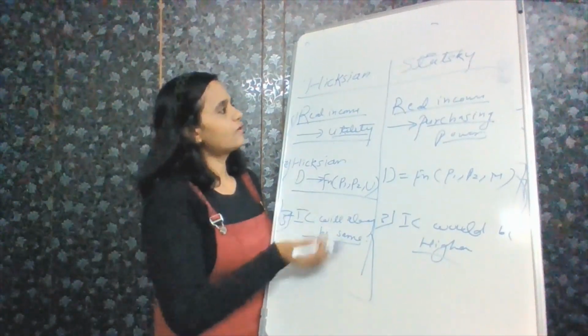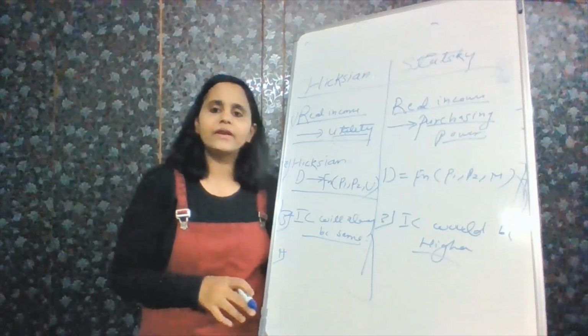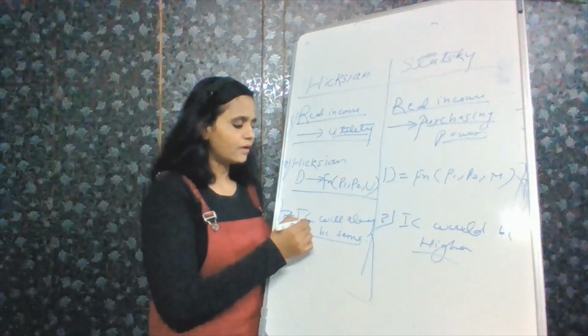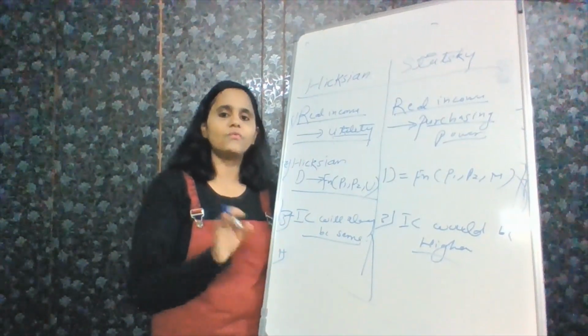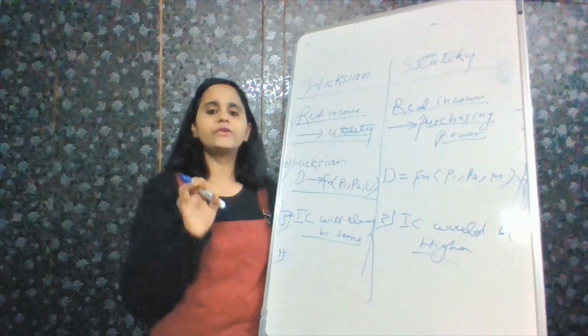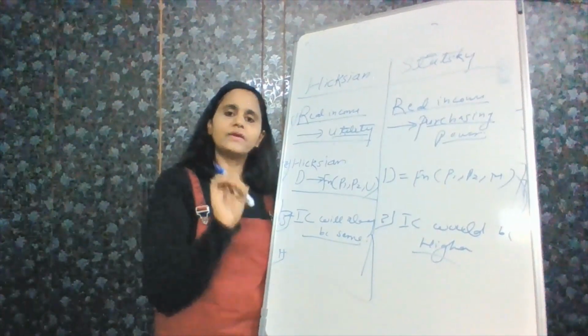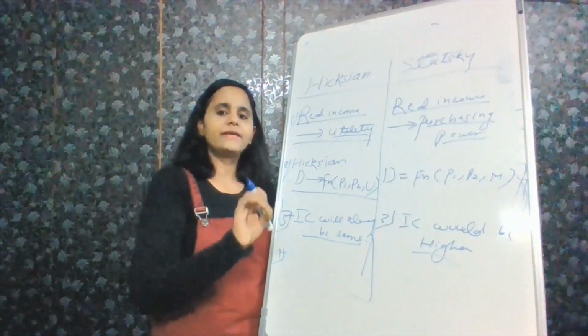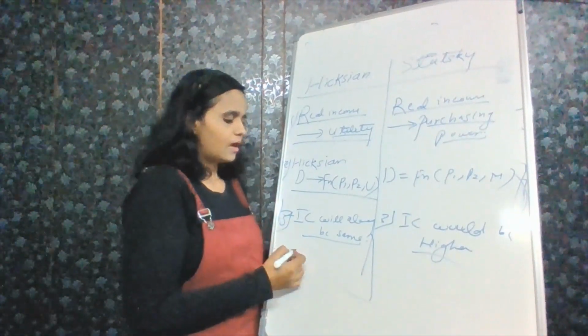And what is one of the disadvantages of the Hicksian approach? Because you are keeping the utility the same, you need to know the exact utility curve to derive your demand curve. You need to have knowledge of the exact utility indifference curve so that you can derive your compensated Hicksian demand curve, which is difficult.